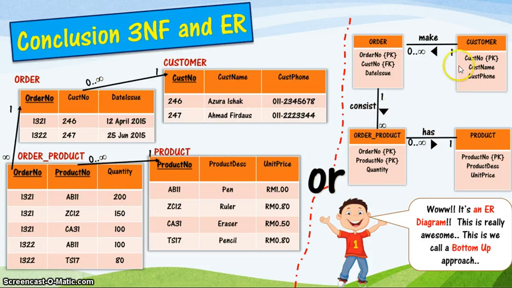Customer links with order, order links with order product, order product links with product, and actually it is an ER. So we will get the complete ER, and this is what we call a bottom-up approach to create a database.